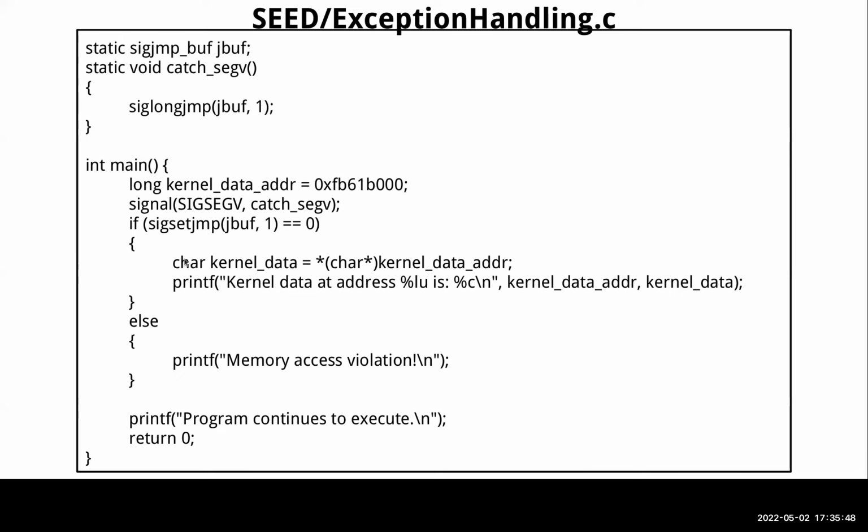The kernel will send the program a segmentation fault. Because of that, I'm not going to execute the printf. Instead, I'm going to execute the catch_segv function, which will do a long jump to the original restore point.